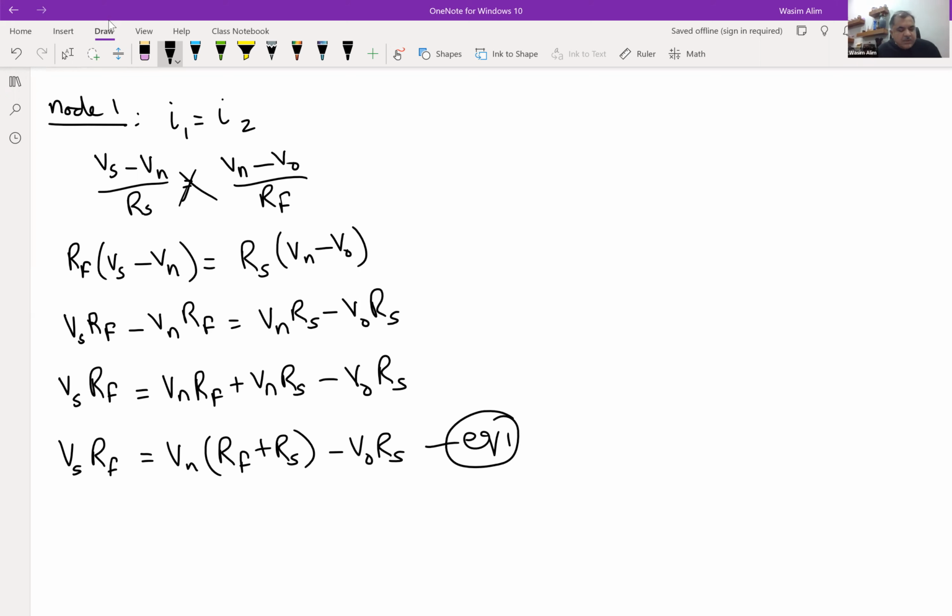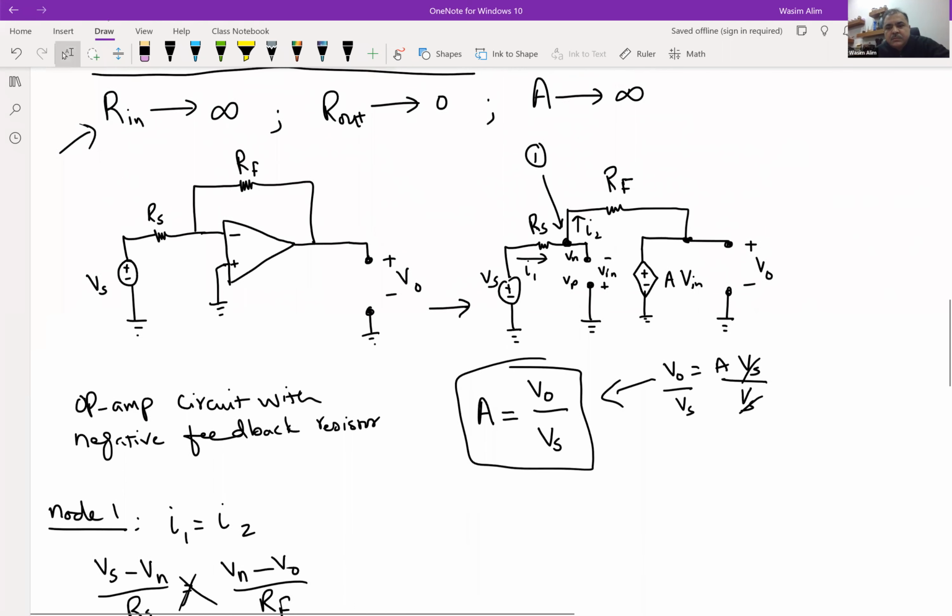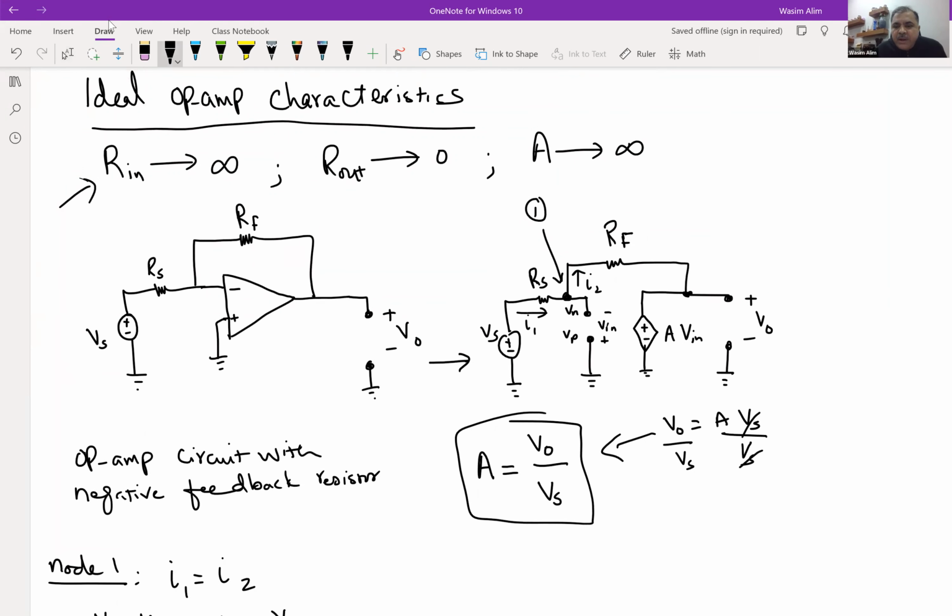Next, we want to write on the output side. If I look at the output voltage, I have different ways of analyzing it.